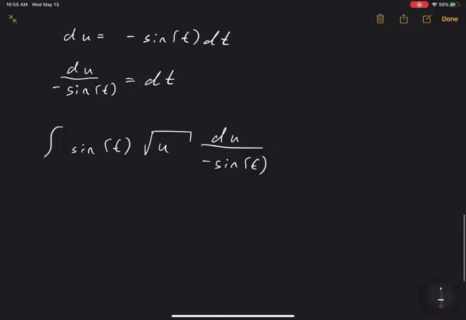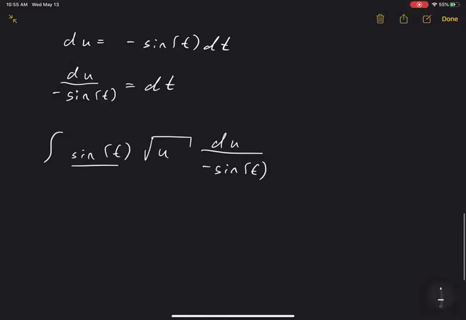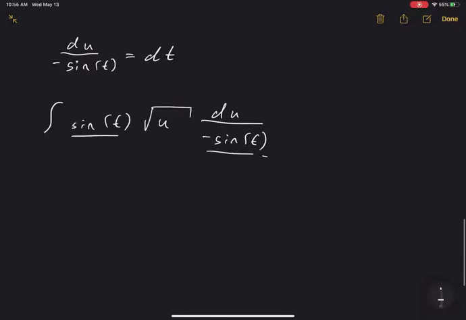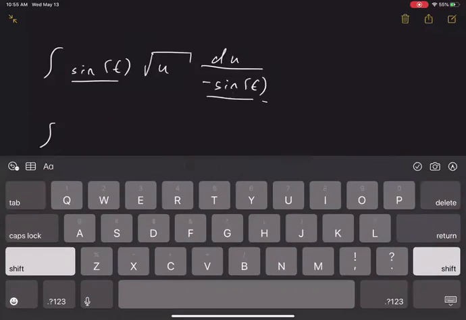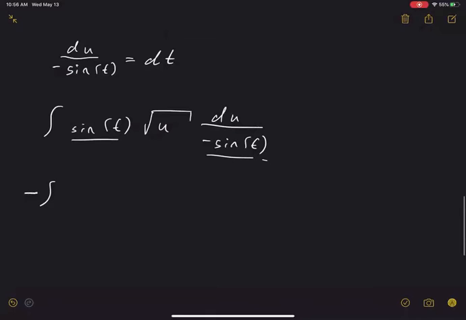So I have sine of t here, and then I'm dividing by negative sine of t here. So the sines should cancel, and I should just be left with a negative, which I bring outside. And then I'll have this.